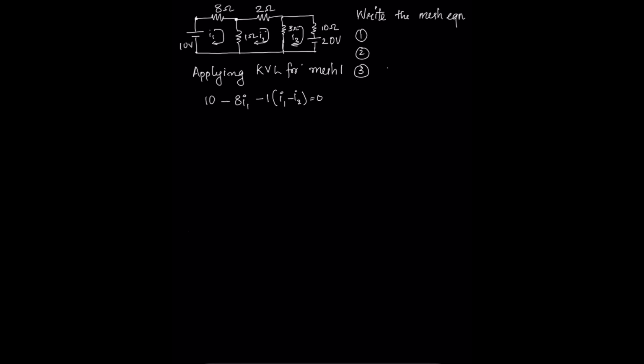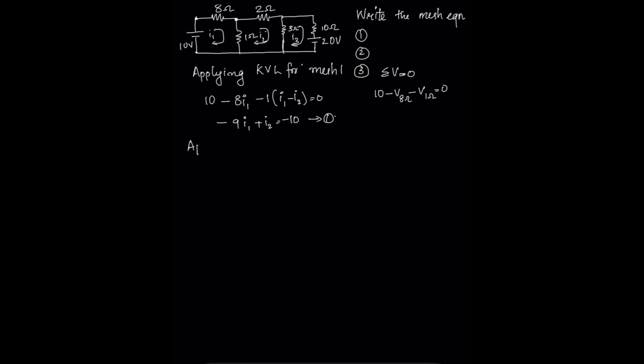We know that delta V is equal to 0. We can write 10 minus V of 8 ohm minus V of 1 ohm is equal to 0. Rearranging it, we can write minus 9I1 plus I2 is equal to minus 10. This is our first equation.